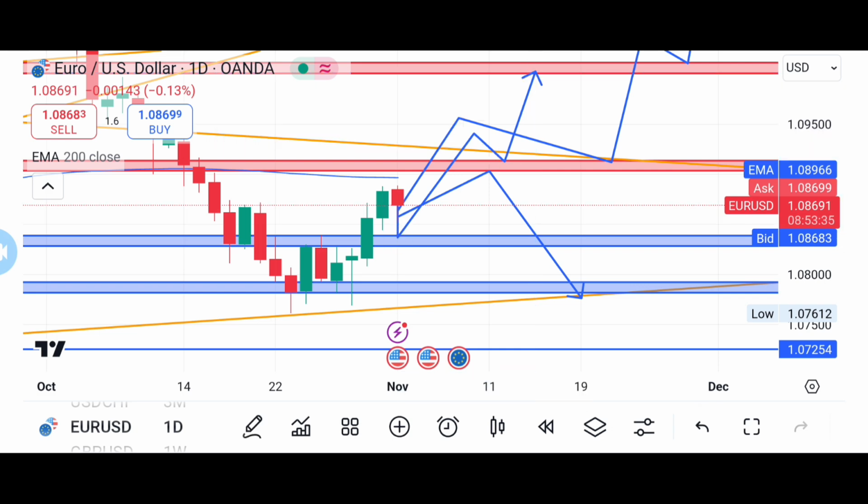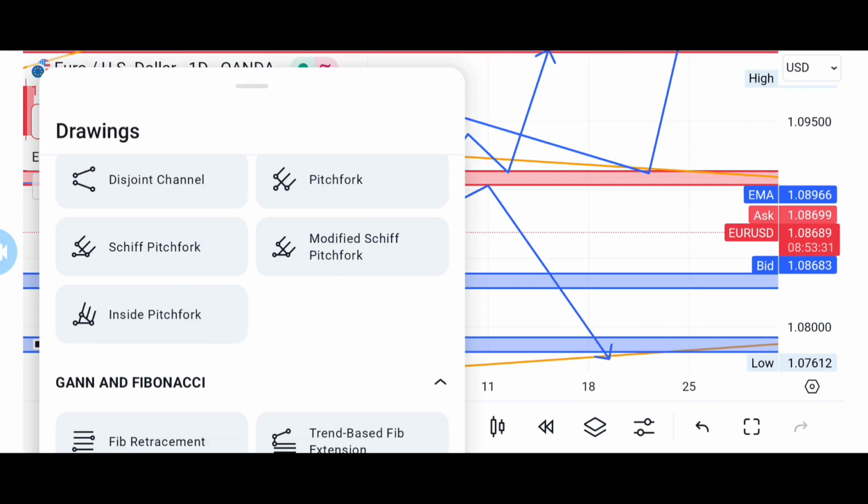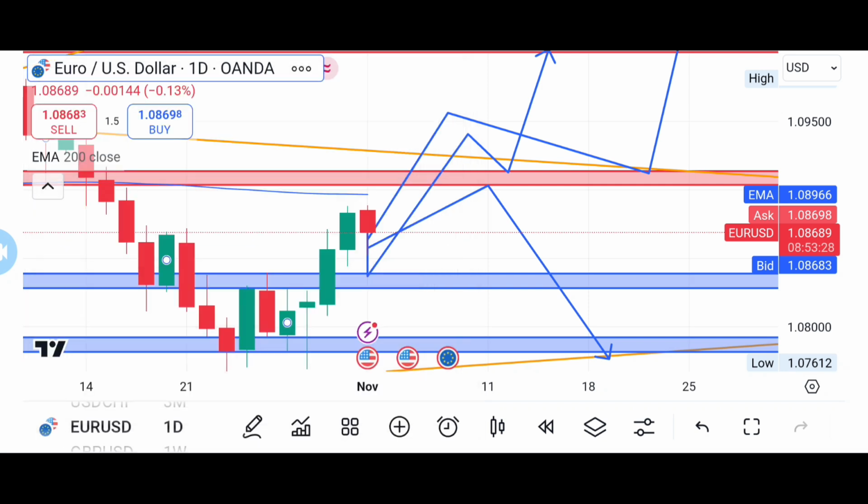Are we together? I hope I'm clear. So those are the 3 scenarios I'm looking for in EURUSD.